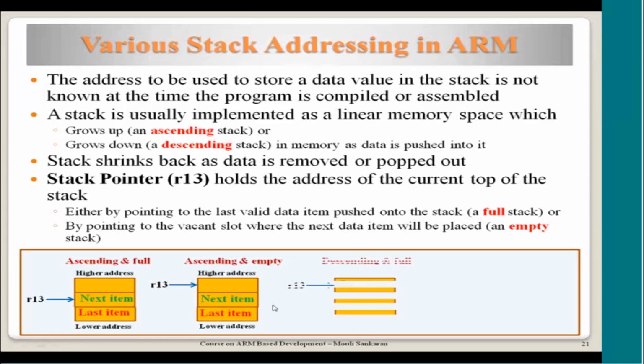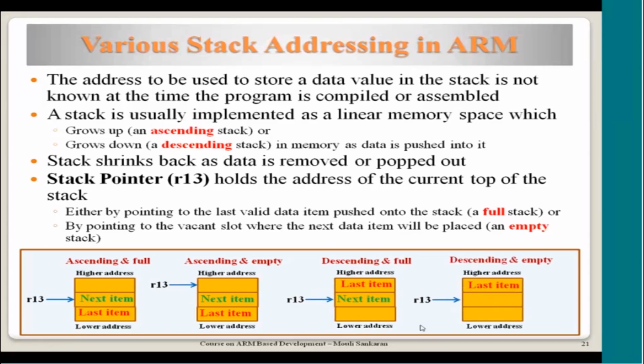Now there is another way of implementing it, which is towards the lower addresses, which is descending and full. It is pointing at a full location where the item is already there, and then it is going to be decremented to push another item into it. The fourth option would be very simple. Now you can see that this is the descending and empty. Now you may wonder, when the processor is coming up in a reset location, what is the stack it follows?